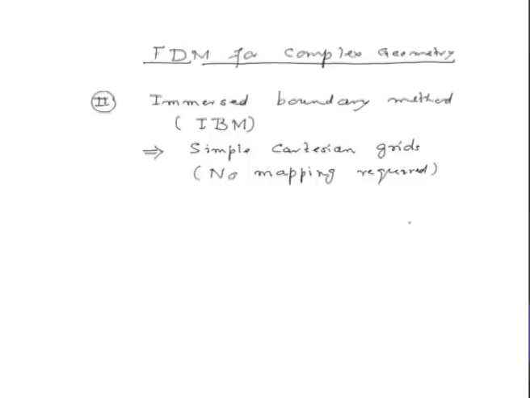So suppose we had our arbitrarily complex domain. All that we do is we just immerse it into a rectangular grid.